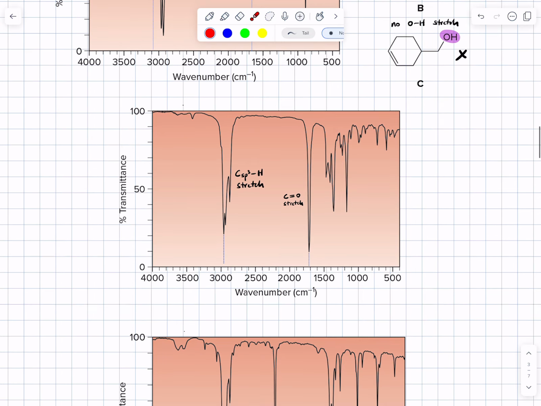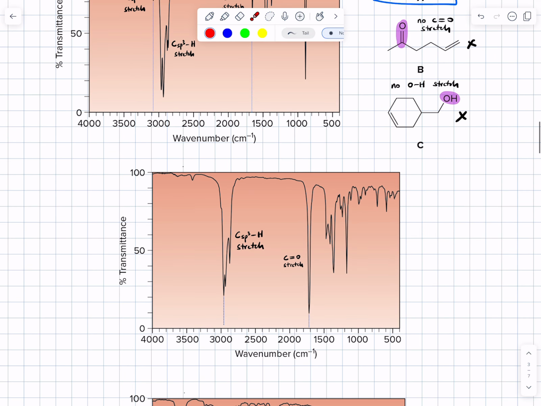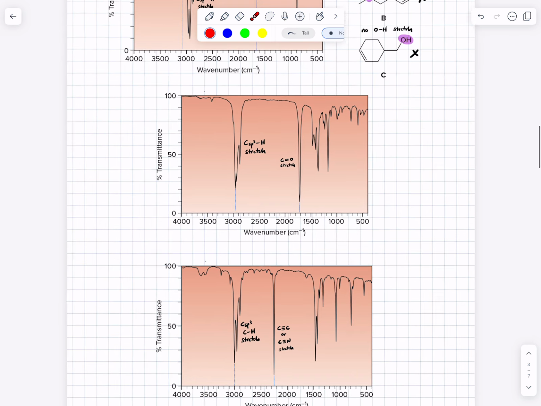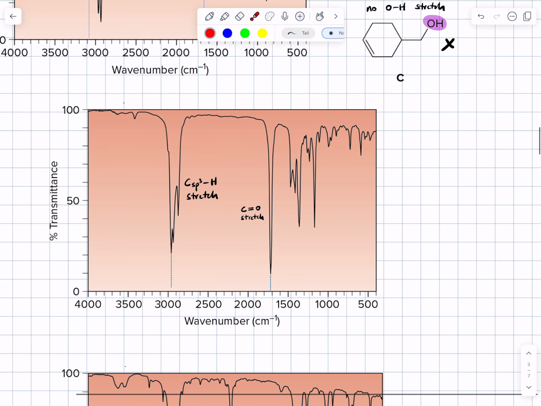Okay, the best way to do this is just to look at examples and come back to thinking about what we would expect. Here is an example of a molecule that is a carbonyl. I look at this spectrum, I see a strong, medium peak, and it's messy.